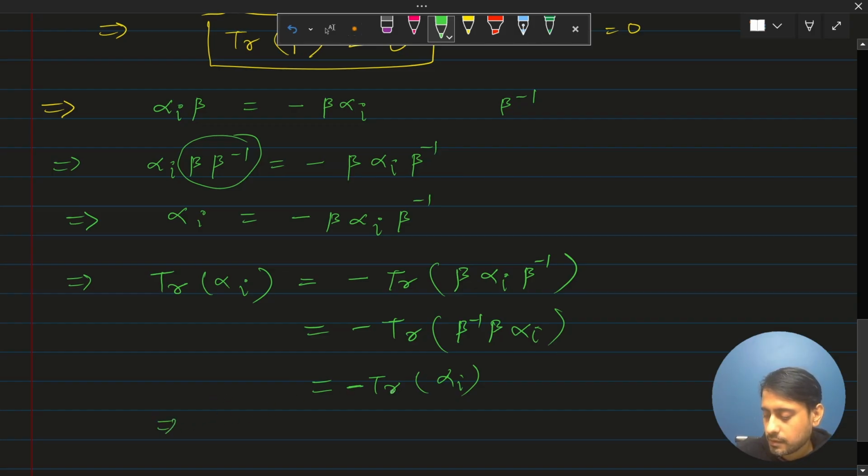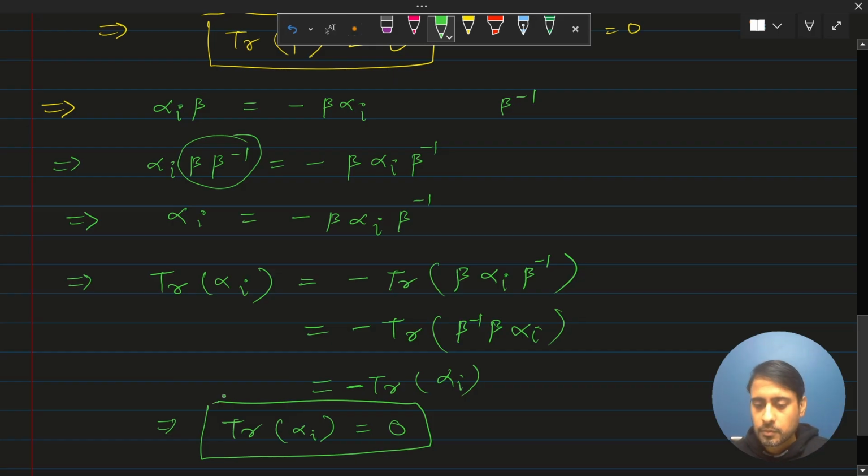So this implies, if you take it to the left hand side, the trace of alpha I will be 0. So these are the two more important results we have got.